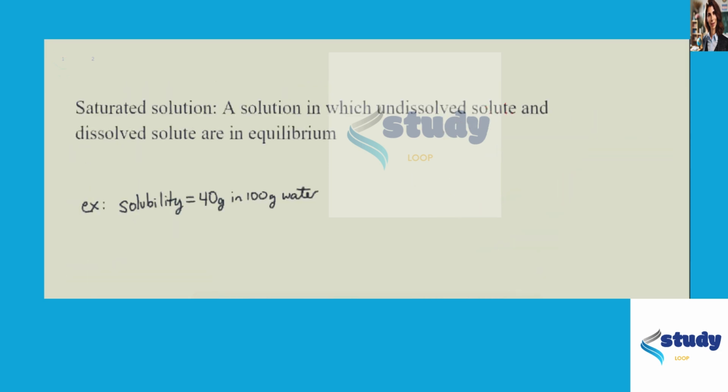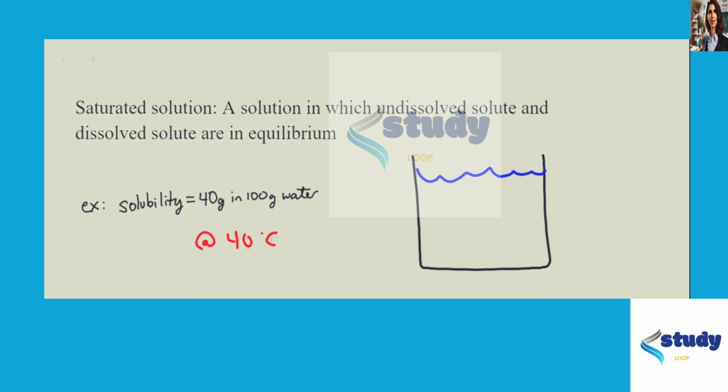A saturated solution is a solution in which undissolved solute and dissolved solute are in equilibrium. So let's say, for example, my solubility is 40 grams in 100 grams of water at any temperature, let's say that the temperature is 40 degrees, because these can vary. Then if I have a container containing water and I add 10 grams of solute, all of that solute is going to dissolve.